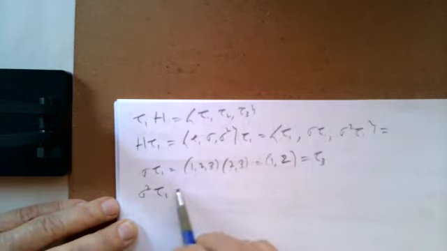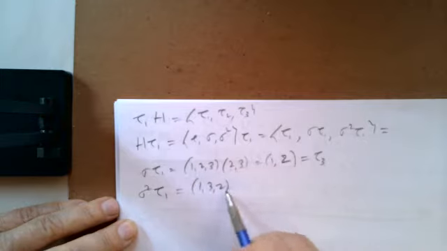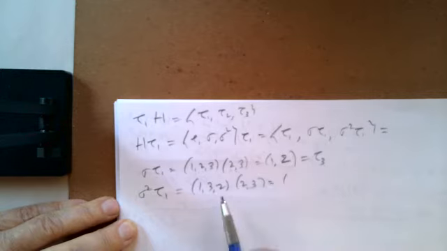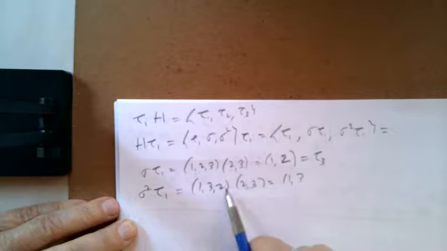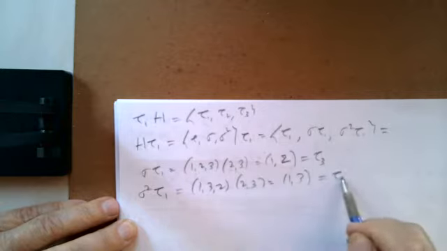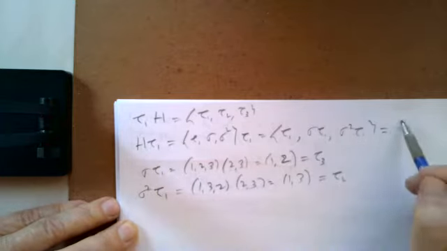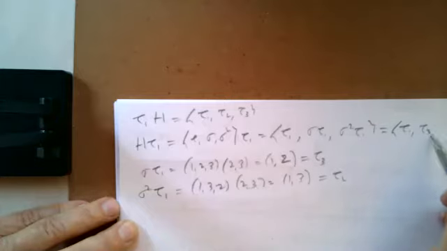And sigma squared tau 1 is 1, 3, 2 times 2, 3. So what is this? 1 goes to 1 goes to 3. 3 goes to 2 goes back to 1. 2 goes to 3 goes to 2. So this is the transposition tau 2. So H tau 1 also consists of tau 1, tau 3, and tau 2.